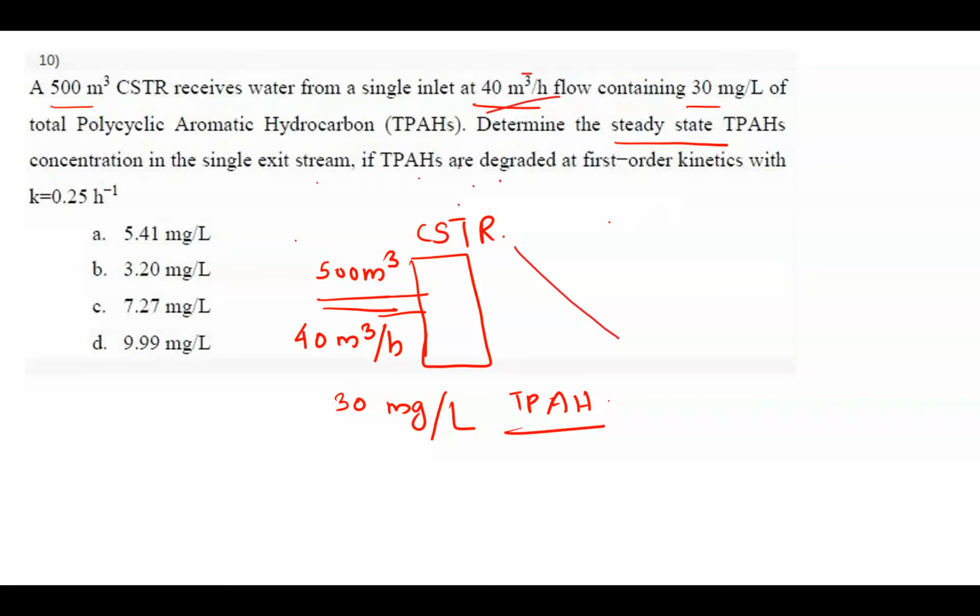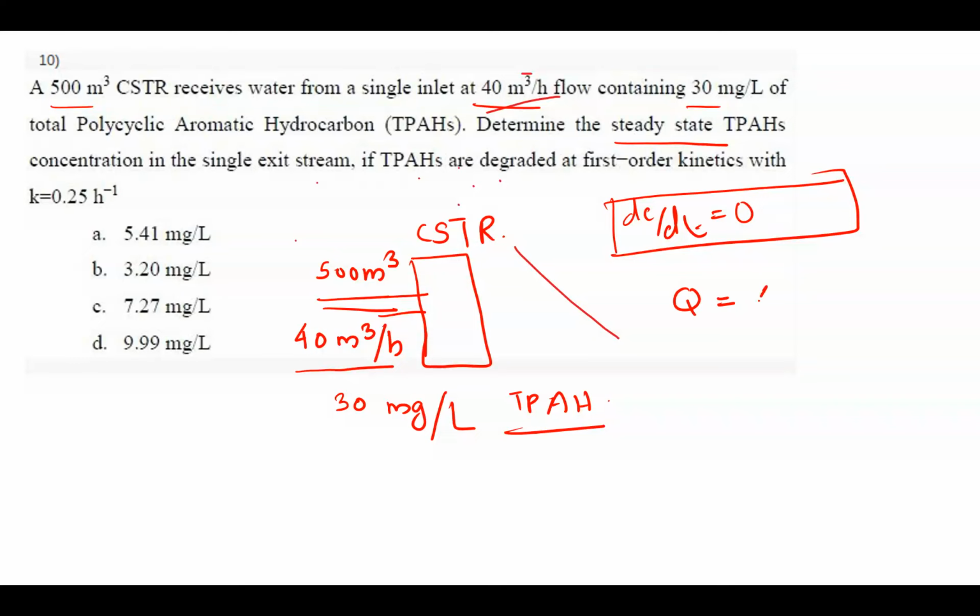Yes, dC by dt equal to 0. Then this 40 meter cube per hour is entering through a single inlet with a flow rate of 40 meter cube per hour. So we can write Q is equal to 40 meter cube per hour.